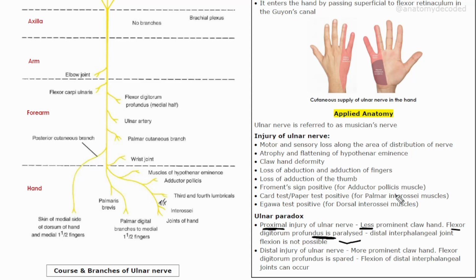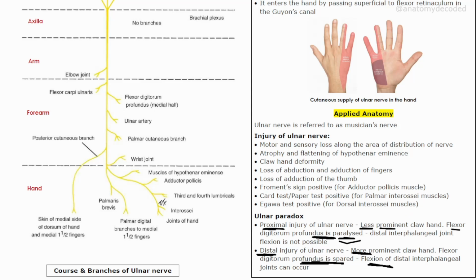But here the muscle for flexion of interphalangeal joint itself is paralyzed, so the clawing is less prominent. Whereas in a distal injury there is more prominent claw because the flexor digitorum profundus muscle is spared. So sparing of this muscle will lead to more prominent flexion of the distal interphalangeal joint. That is referred to as ulnar paradox.